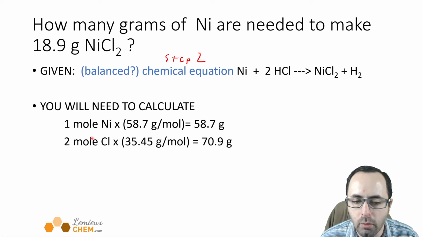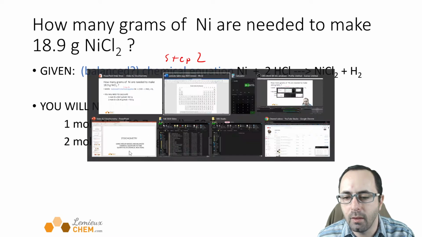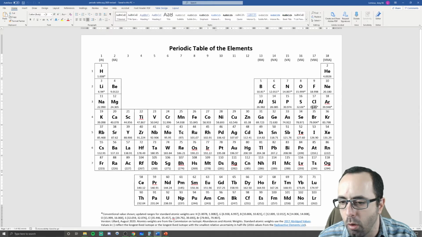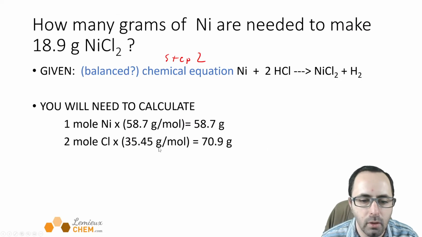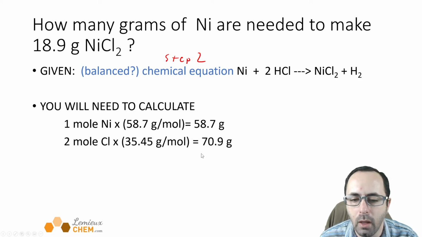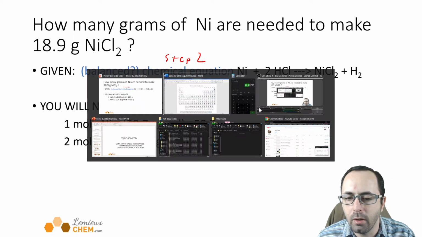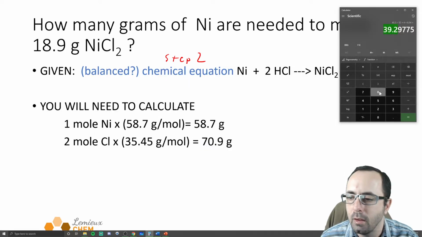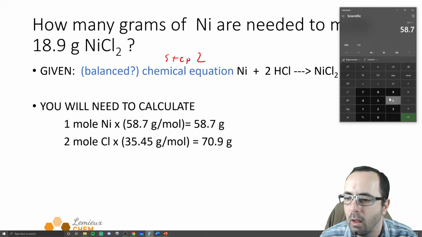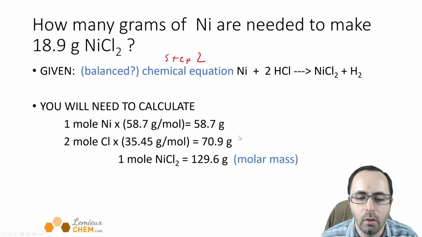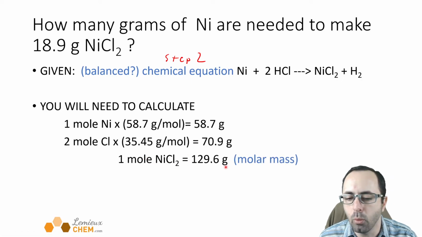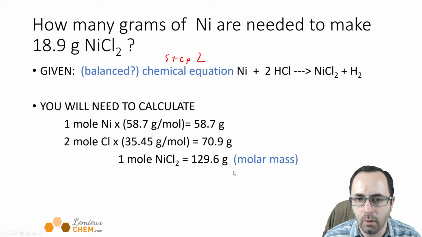Each weighs 35.45 grams. So 2 times 35.45, 70.9. And then we add those together to get our molar mass. So 58.7 plus 70.9, and we get 129.6. So 1 mole of nickel 2 chloride is 129.6 grams of nickel 2 chloride.